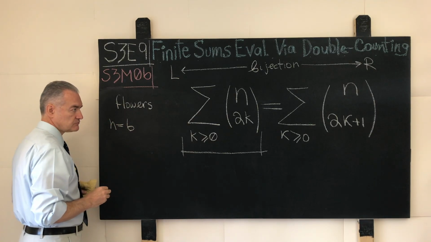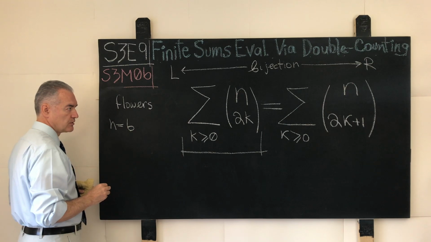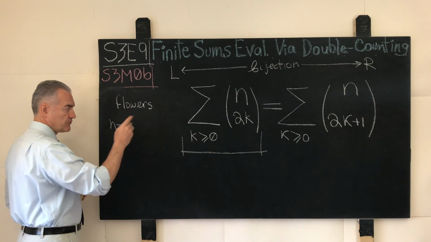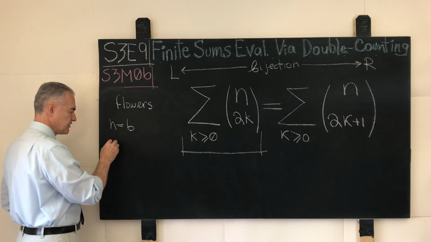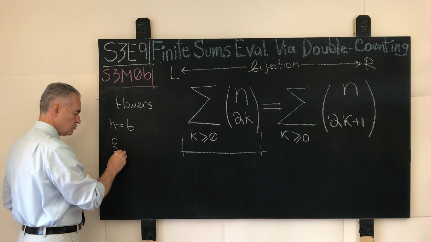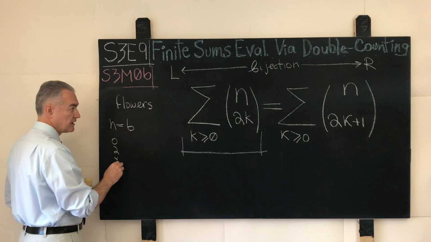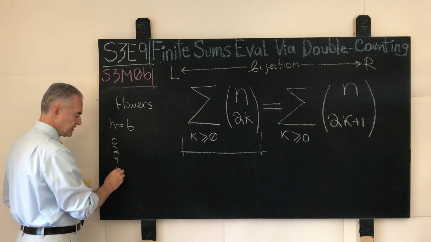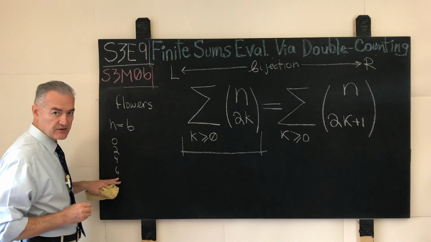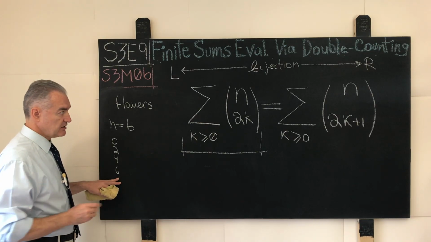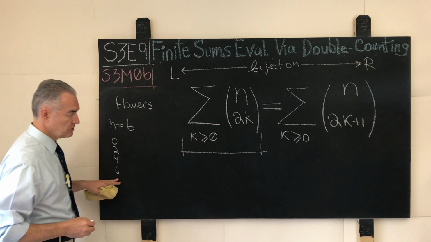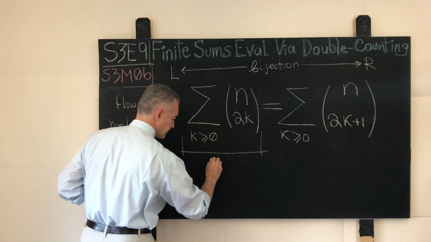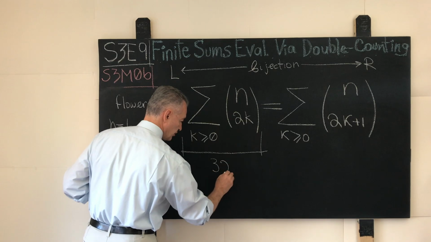Then we are looking for bouquets made up from 6 distinct flowers that have exactly 0, 2, 4, and evidently 6 flowers in them. Incidentally, if we crunch the numbers, then it will be evident that that number in this case comes out to 32.